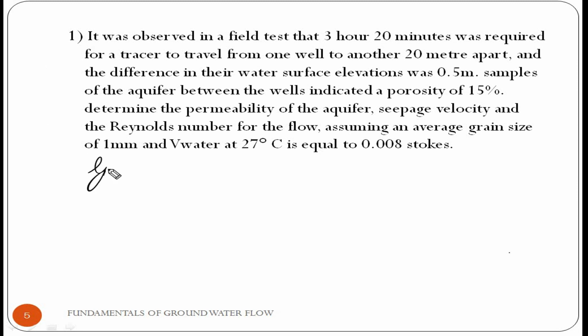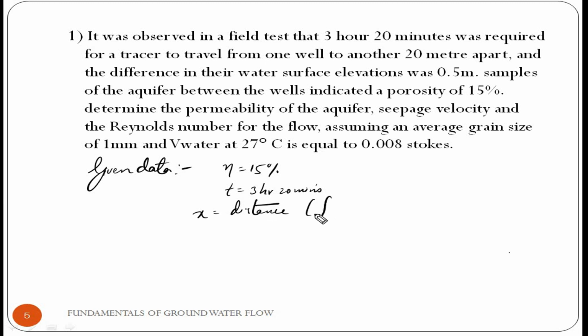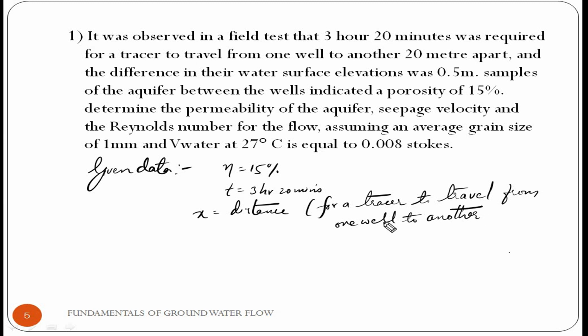As per the given data, porosity is 15% and T is also given, 3 hours 20 minutes. Here X is the distance for a tracer to travel from one well to another, that is 20 meter.